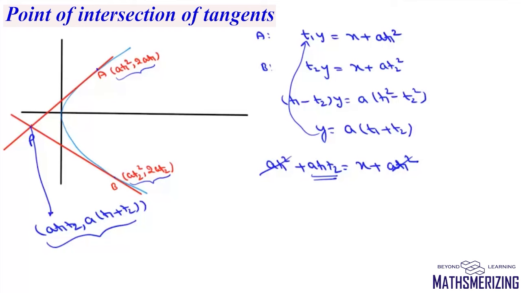So we'll take these points as t1 and t2, and take the point of intersection as (a t1 t2, a (t1 plus t2)), where a t1 t2 is alpha and a (t1 plus t2) is beta, and then we'll try to find a relationship between alpha and beta by eliminating using the given condition. So we'll be using it for locus problems and for various other problems.